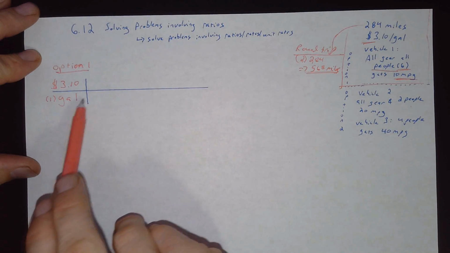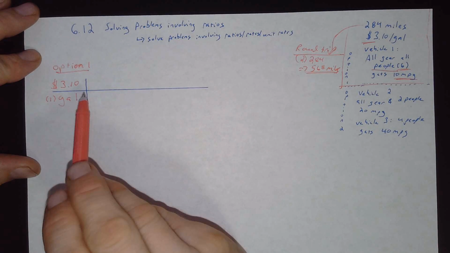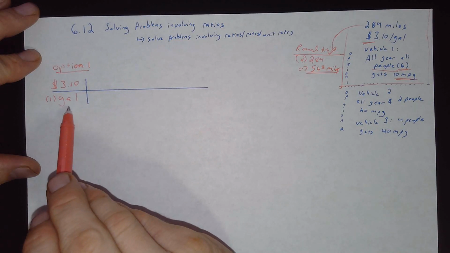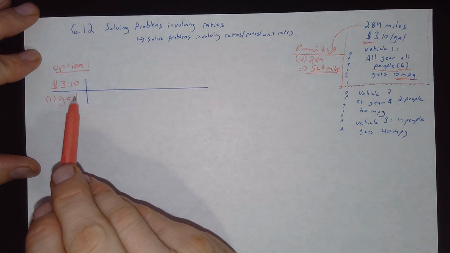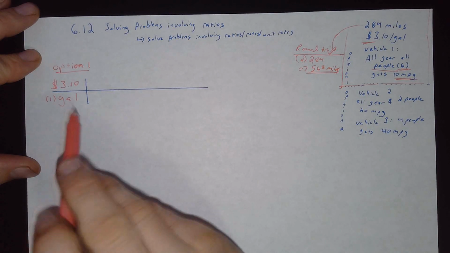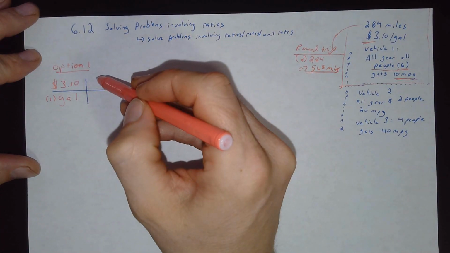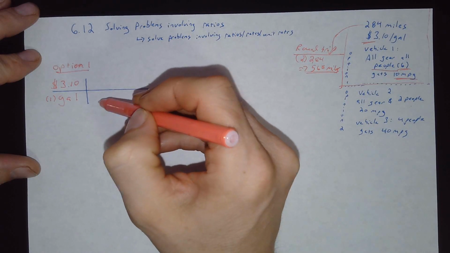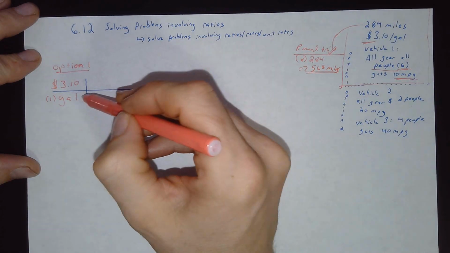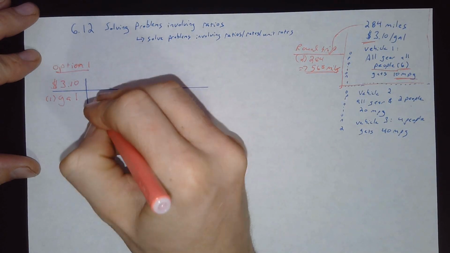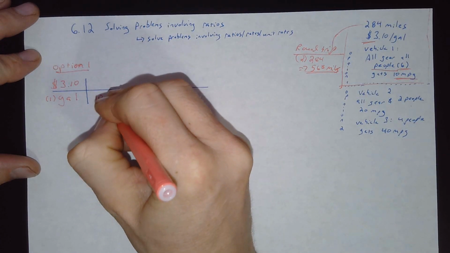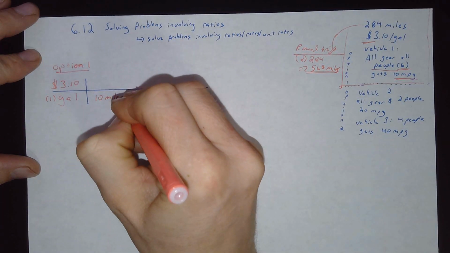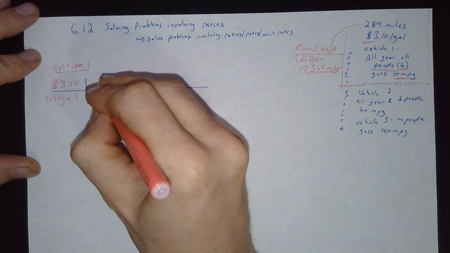In order for it to cancel stuff out, the gallon is going to get canceled out. So it's going to be miles per gallon. If I did miles on top and gallons on the bottom, they wouldn't cancel out. So I have to put 10 miles per gallon.